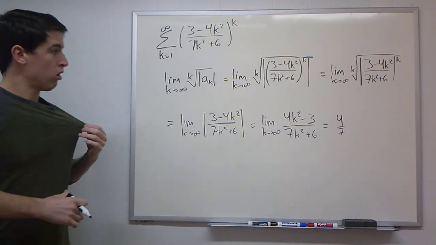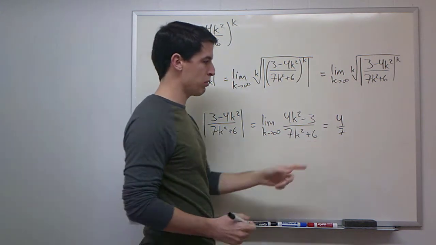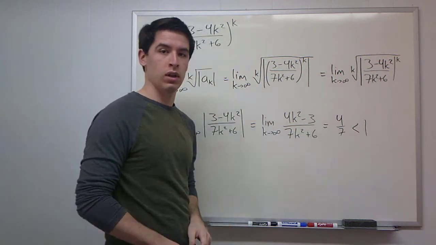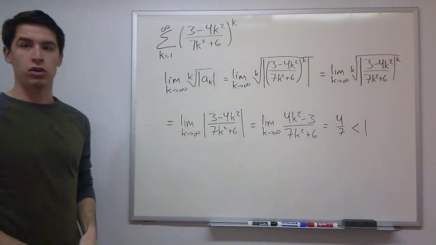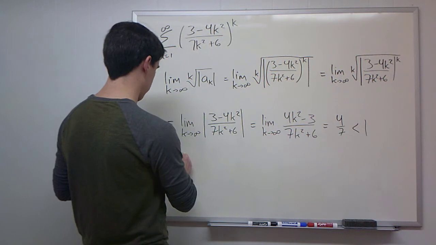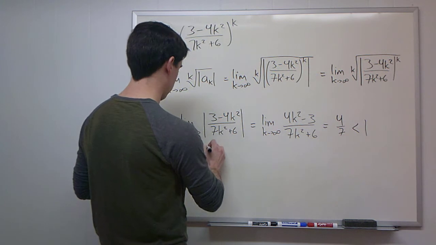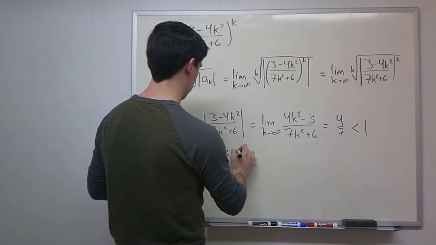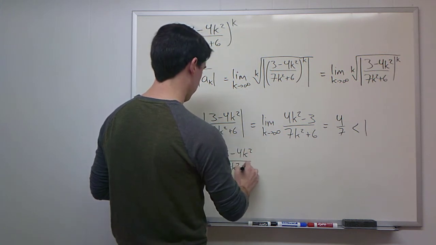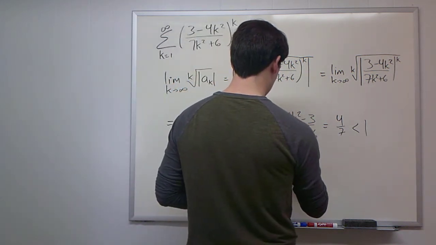And recall, when we're using the root test, we find this limit, and if this limit is less than 1, which 4 over 7 is, then the series converges absolutely. So let's write that. Thus, the series of (3 minus 4k squared) over (7k squared plus 6), raised to the k, converges.